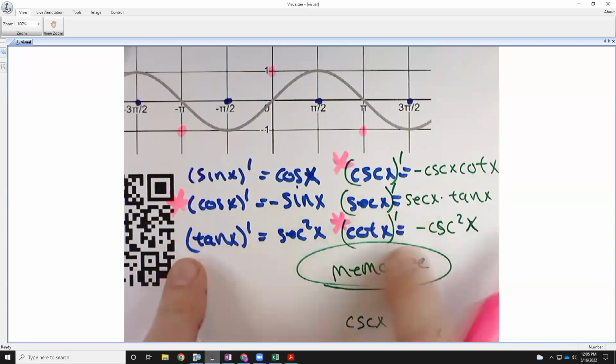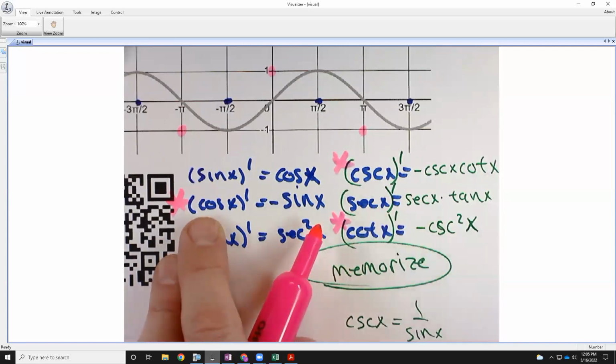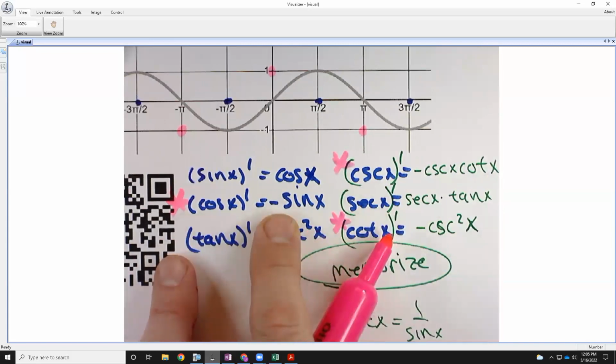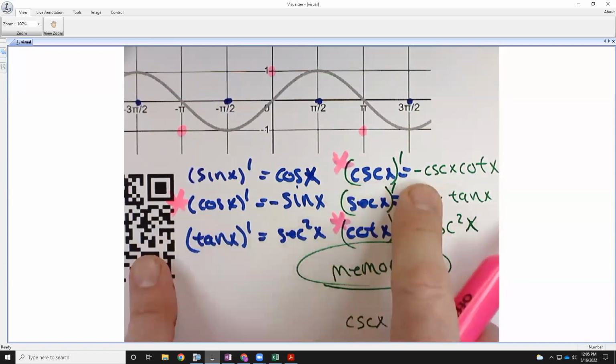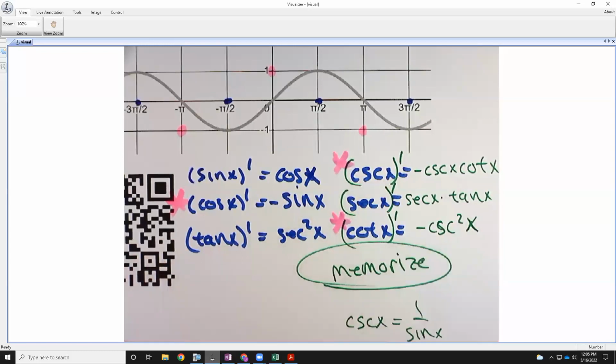What's in common to all of these? If it starts with a C, the derivative is going to have a negative. Cosine, derivative is negative sine. Cosecant, have a negative here. Cotangent, you have a negative here. That negative is going to be really annoying. So if you can remember that, and that's why I take the time to talk about this little trick here. If you can remember that, it's going to help you out. It really will.